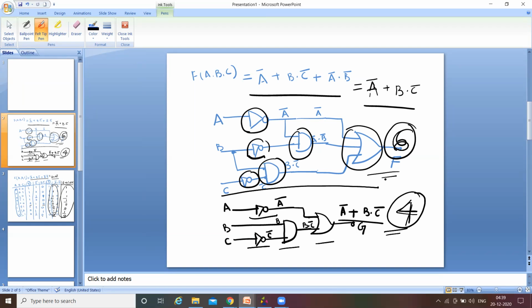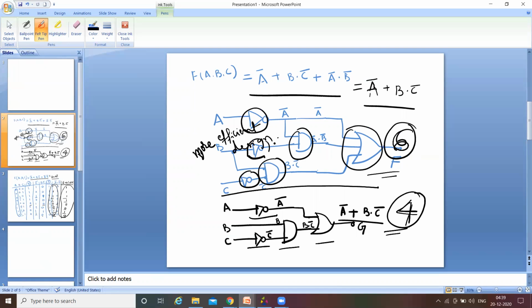So as a digital designer, one should design a circuit with fewer gates. That becomes a more efficient design.